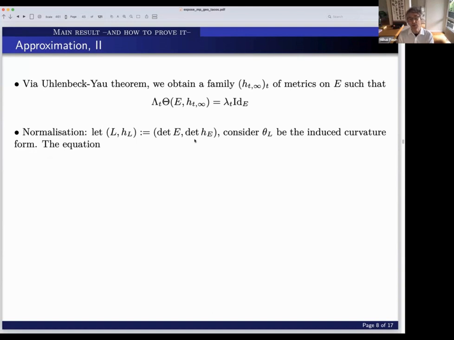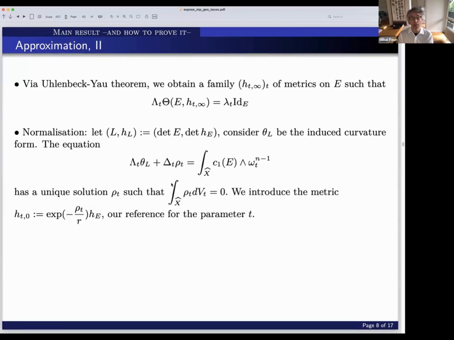And then, as of course you remember from Richard's lecture, if you take H L, the determinant of E, endowed with the determinant of the background metric here, now consider the induced curvature form on L, and then we can solve this equation given that the integral here and here are the same.